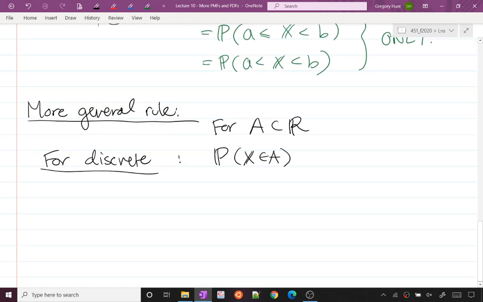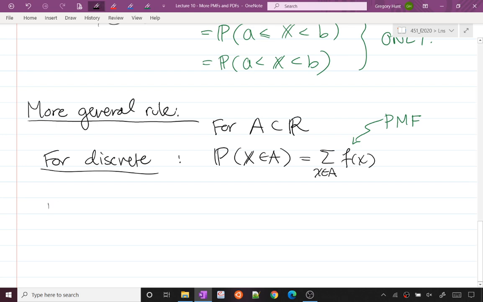Maybe it's a more complicated subset, like between -1 and 2 and 7 and 8. That's an allowable A. For discrete, to calculate the probability that x is in A, I summed my PMF over the points in A. Here, little f is my PMF because I have a discrete random variable.